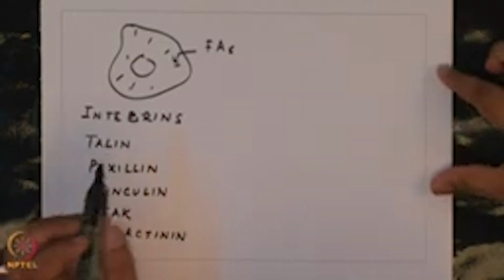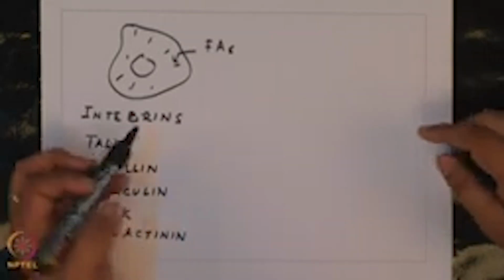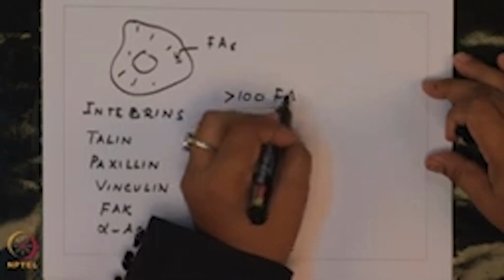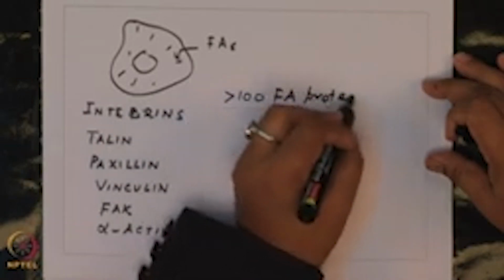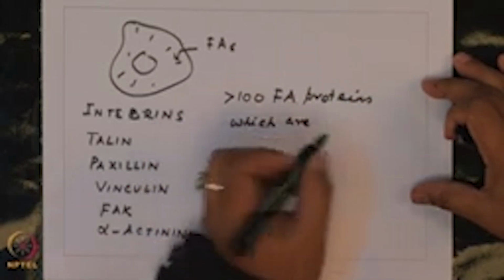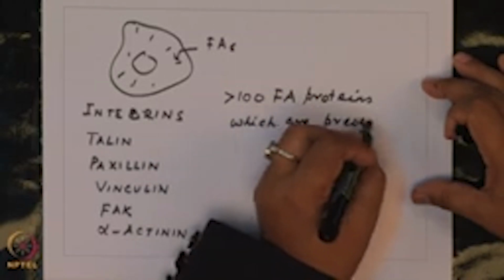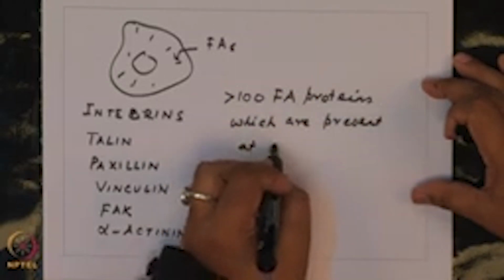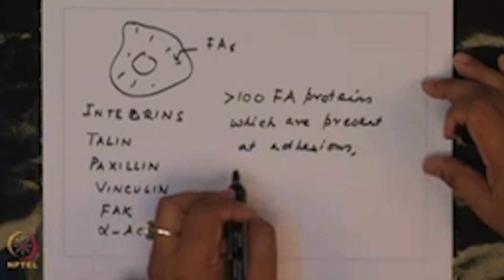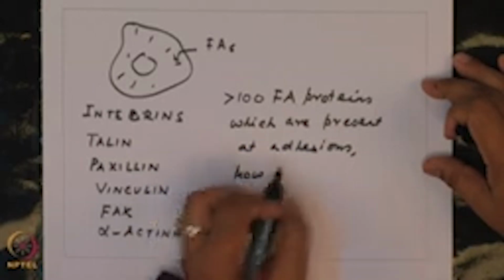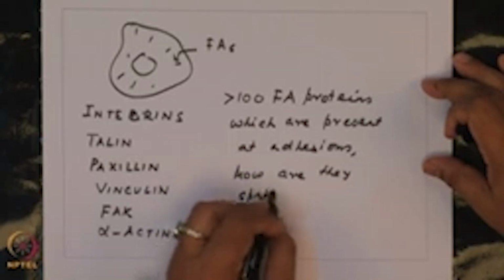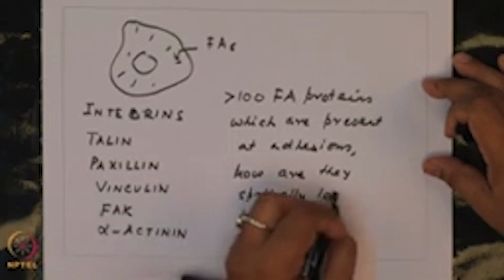Given that there are greater than 100 proteins which localize, which are present at adhesions, the question is, how are they spatially located?